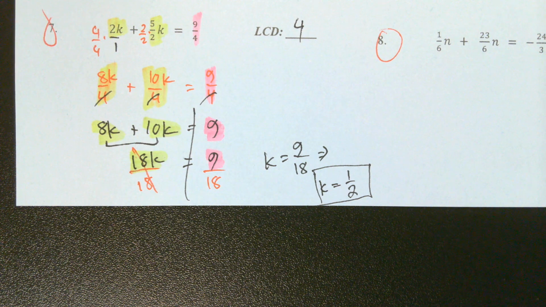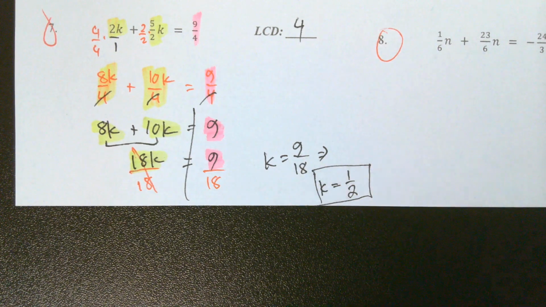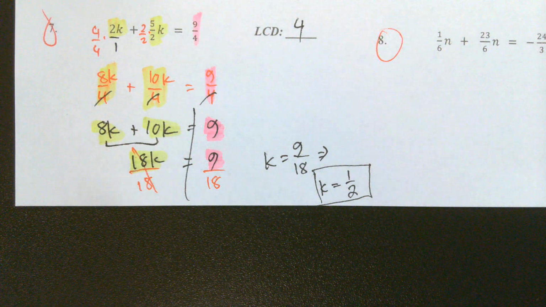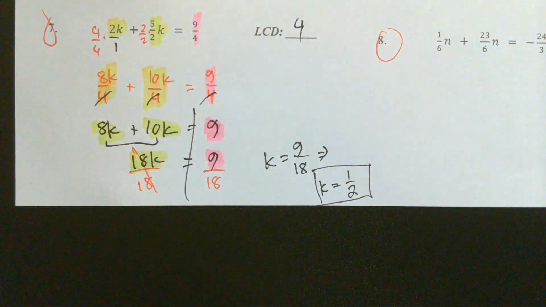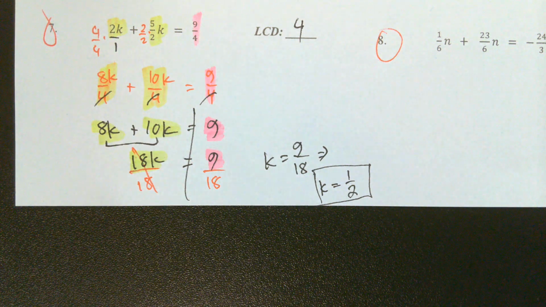Now again, just to review, you may look at 9/18 and go, oh, my answer is 2. Which is right, there is a 2 in your answer. But if the smaller number's on top, we have to keep our answer as a fraction. We can't just call that 2. 18/9 would be 2. But 9/18 is 1/2. All right?